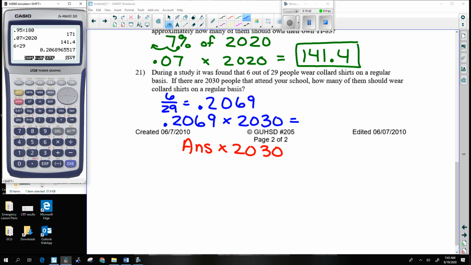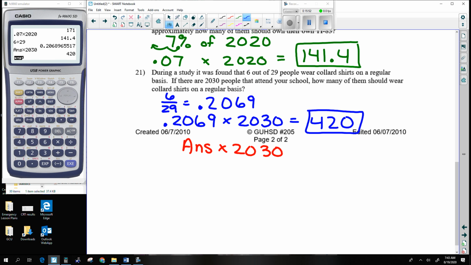So here we go. I go with answer, that keeps the most accurate answer, times 2030. All right. So that is how, don't write calculator speak, but that's what I did. All right, so there is your review B.